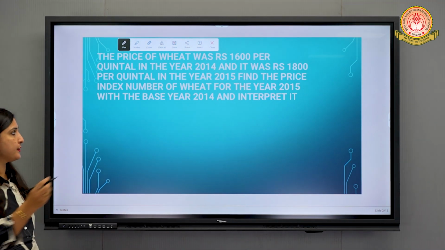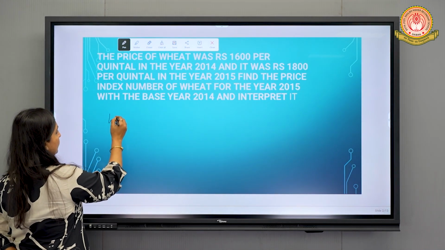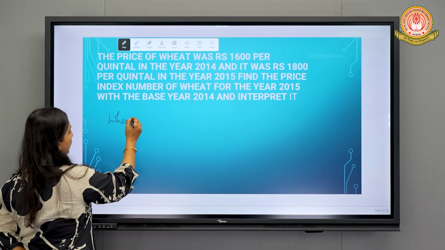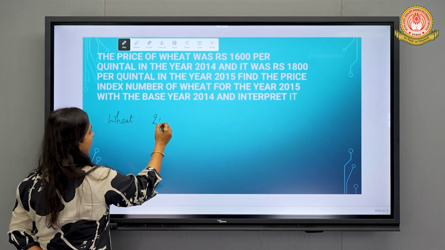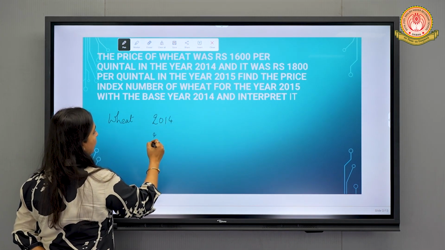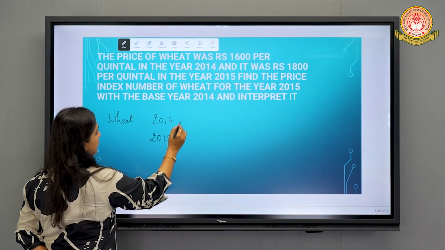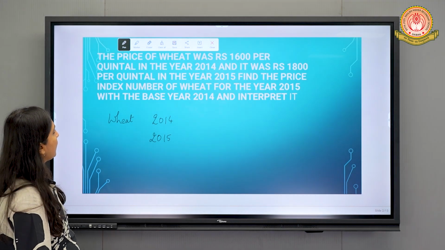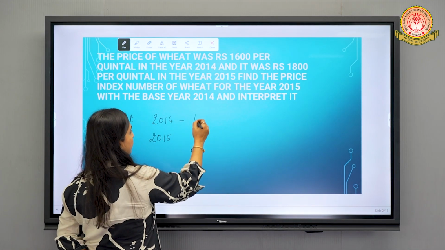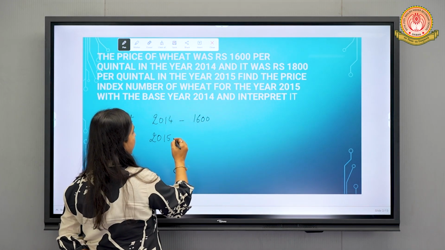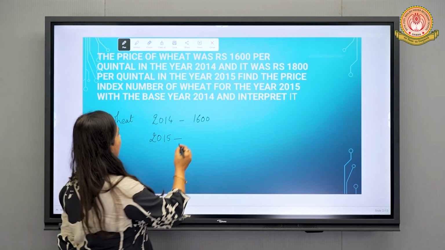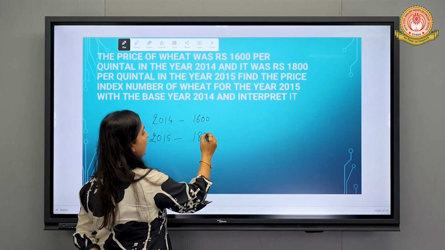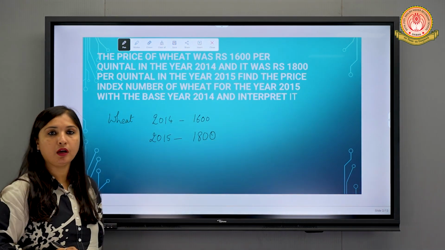So we have the price of wheat and two years are given, 2014 and 2015. What is the price for 2014? Yes, the price for 2014 is 1600 and it has increased to 1800. You have to find the index number, right?